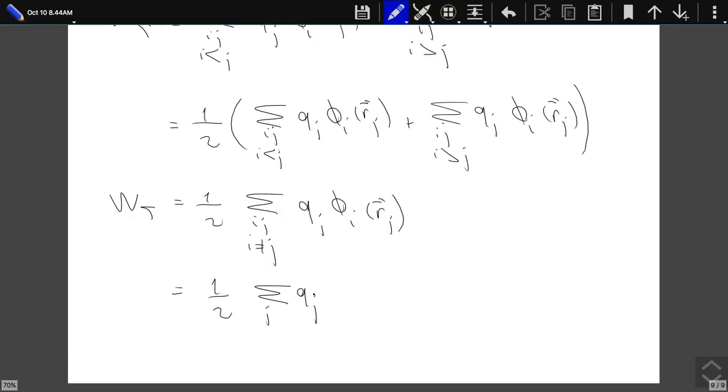Well, if I sum over i, what I obtain is nothing but the total electrostatic potential at the position of rj.